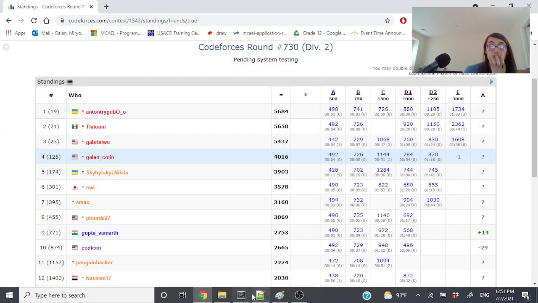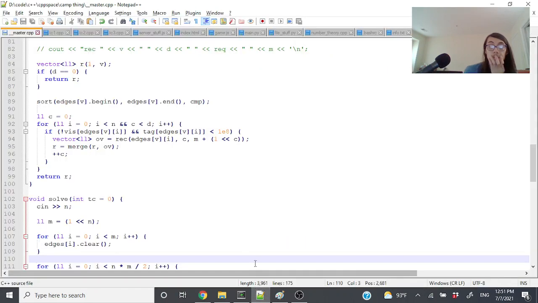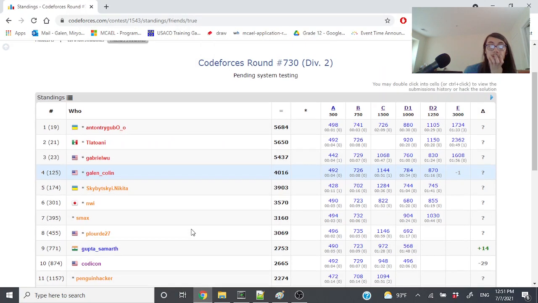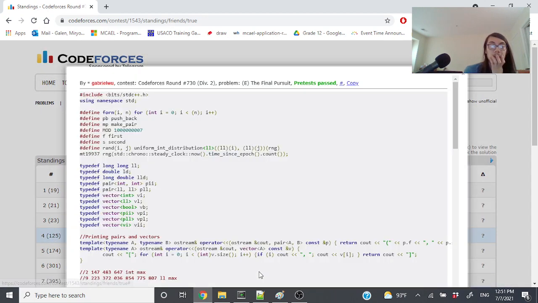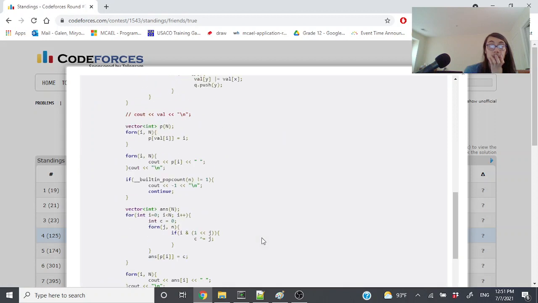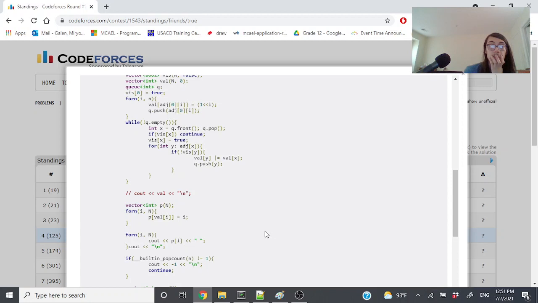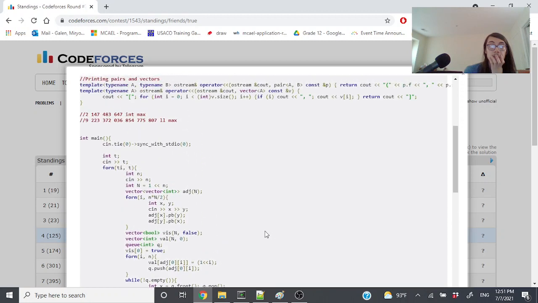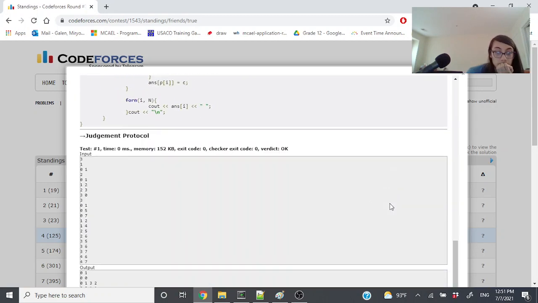Interesting. I really, really hope that wasn't it. Wait, there's more conditions for coloring?